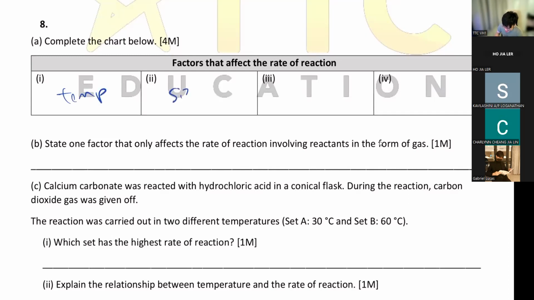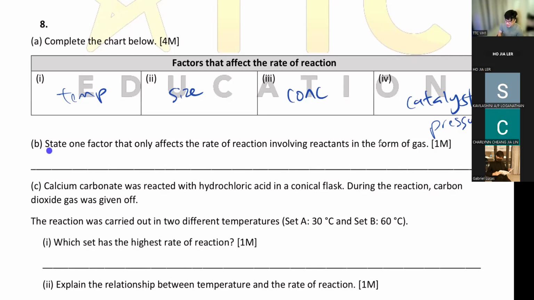Size of reactant, good. In exam, please write full answer. Concentration, good. One more. Yes, good, catalyst. Okay, there's one missing here, but that one is only for gas. That would be our pressure.